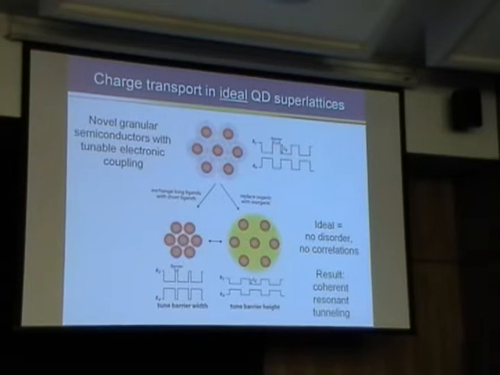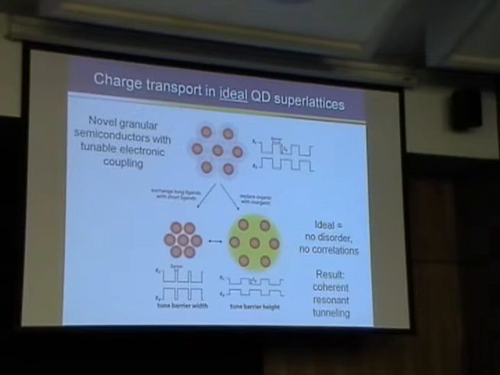Okay, so let's talk finally about charge transport in ideal quantum dot superlattices. Let's say that we were able to make conductive quantum dot superlattices. What would we expect for their charge transport properties? Well, basically, quantum dot solids are a new and, I think, quite versatile type of granular conducting material.